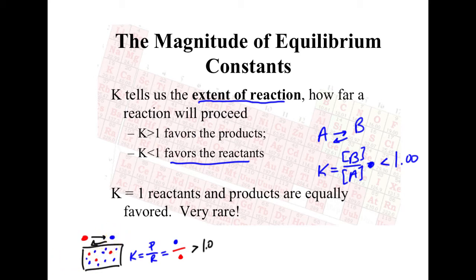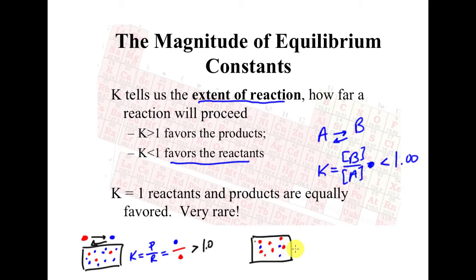Now what if it looked different? What if the container looked like this at the end of the reaction? Again, we're going to do the A going to B, and this time I have a lot more A. I have more of the A particles than I do the blue ones.